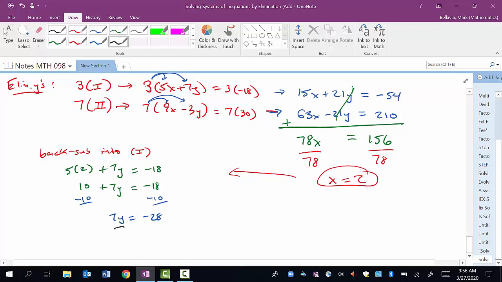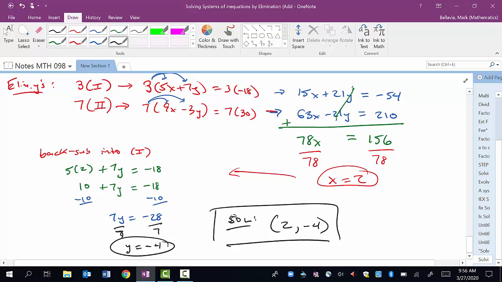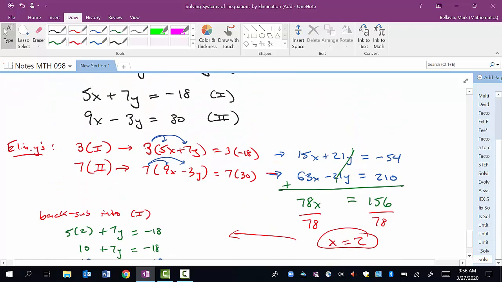And then we'll divide by 7 on each side. We end up with y equals negative 4. Right, negative 28 divided by 7 is negative 4. So my solution is x comma y is 2, negative 4. That's the point where these two lines intersect.